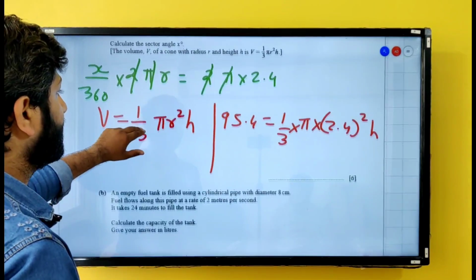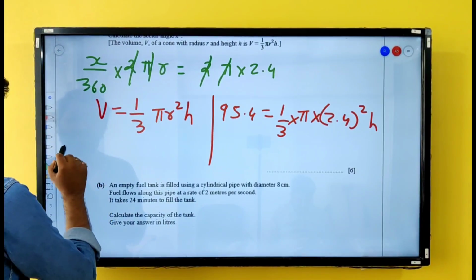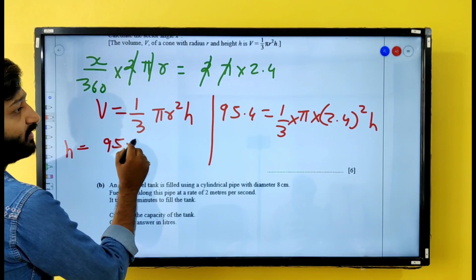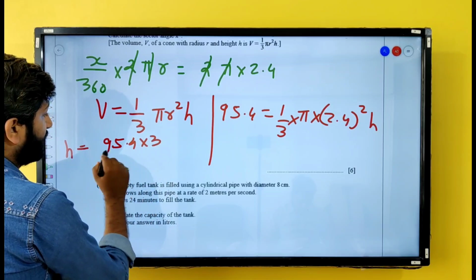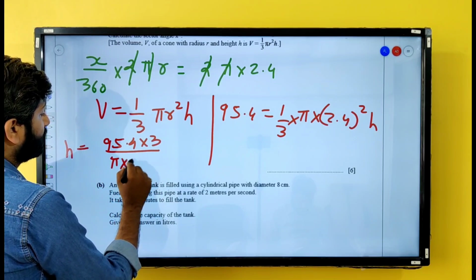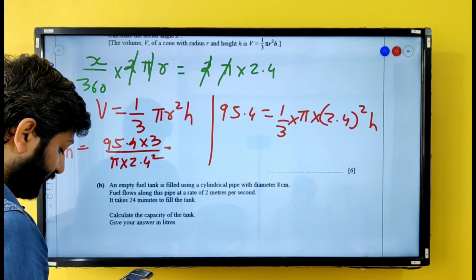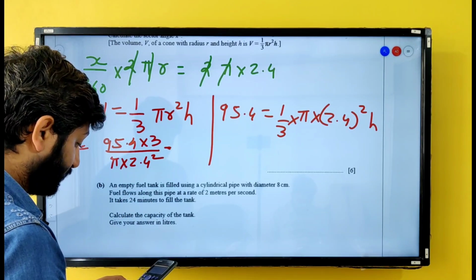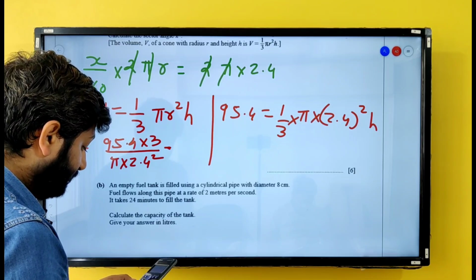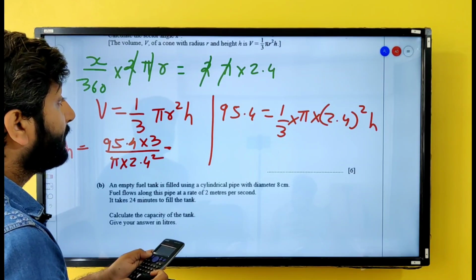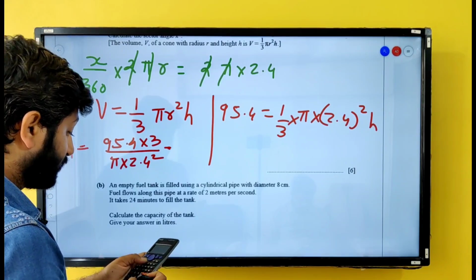So from here I can find my h is going to be 95.4 into 3 divided by pi into 2.4 square.